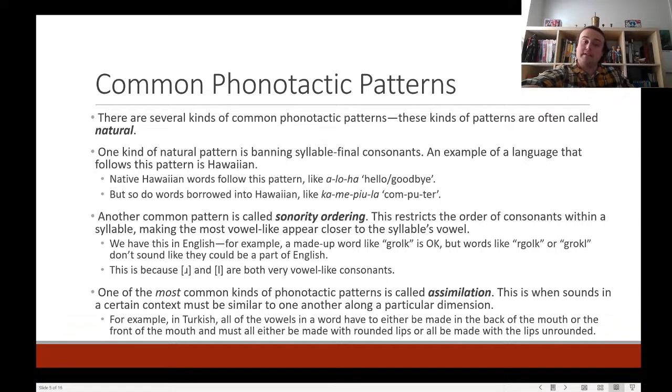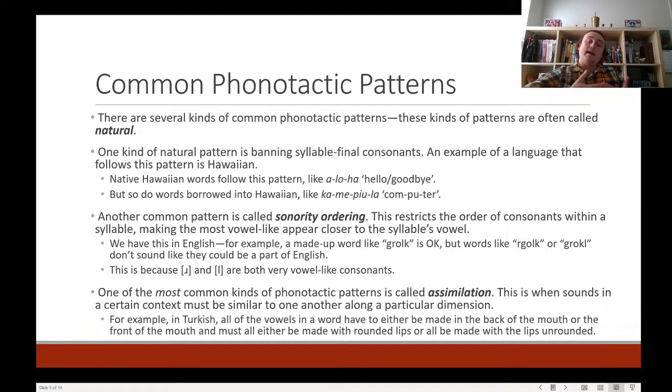So both acoustically in the sound wave, they're very similar to vowels, and articulatorily, how you pronounce them in your mouth. And so in English, our phonotactics want the R and the L to be closer to that O than the G and the K, because G and K are less vowel-like than R and L are. So that's an example of sonority ordering.